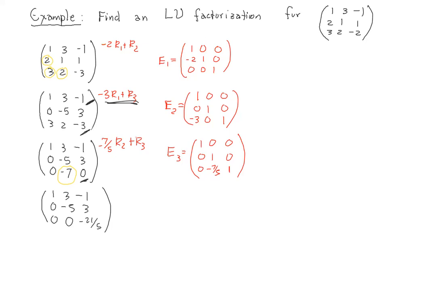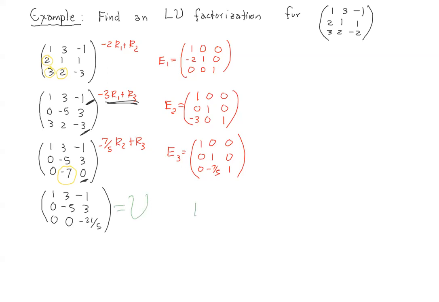We said that traditionally we think that we just perform the row operation, but we know that what we're really doing here is multiplying by the matrix on the left. So this is U. And what is L?